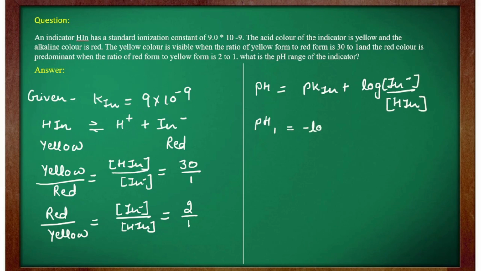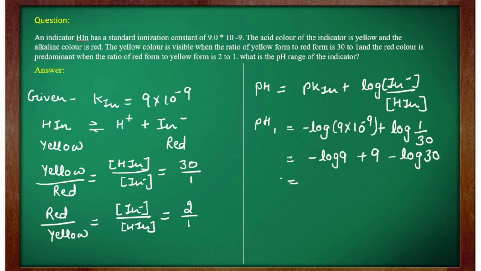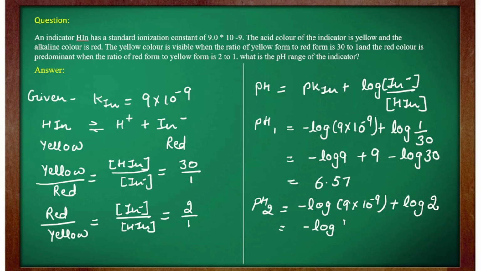When red color is predominant, pH of solution is 8.35, so pH range of indicator is 6.57 to 8.35.